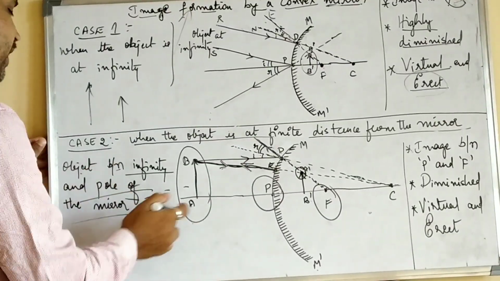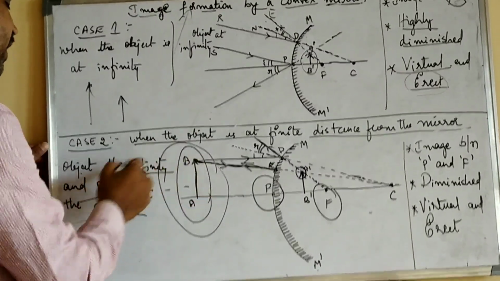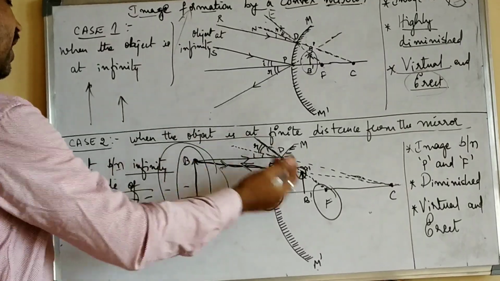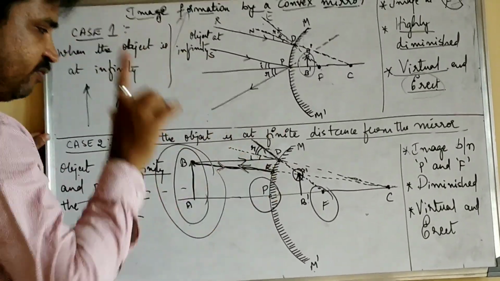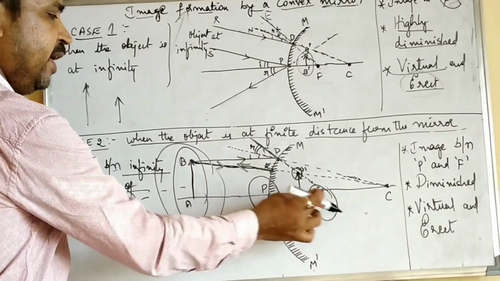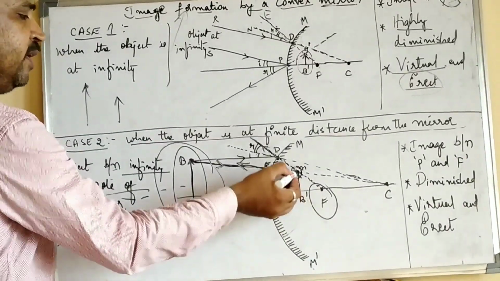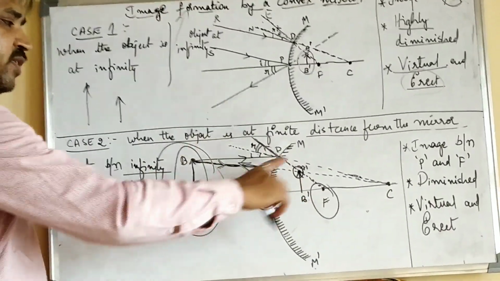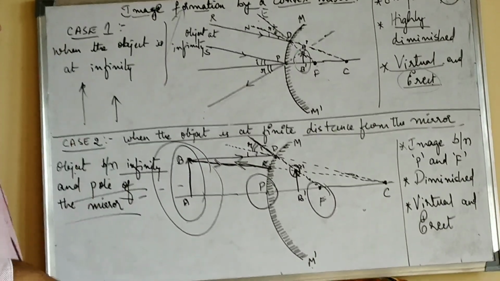So when the object is between infinity and the pole of the mirror, the image is formed between the pole of the mirror and principal focus. So this is the explanation. What are the characteristics of the image in case 2?